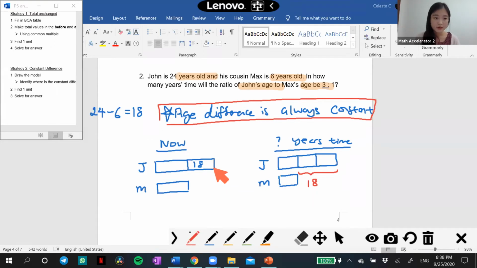Yes, correct. So what does this tell you looking at the model? 2 units equals 18. And 1 unit you can find by dividing 18 by 2, which is 9.